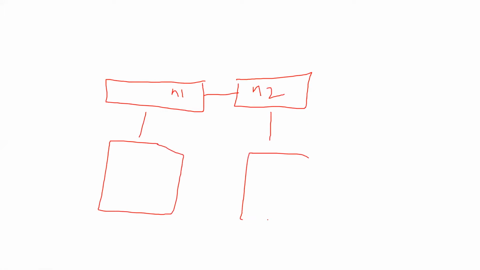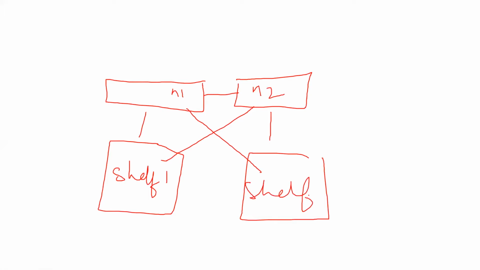A very important point is that every node is connected to its own shelf and its partner's shelf. This is very important for you to understand. But when everything is normal and operational, node 1 can only see shelf 1. It will not be able to see shelf 2 if node 2 is up and running.